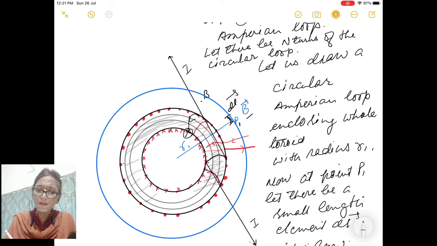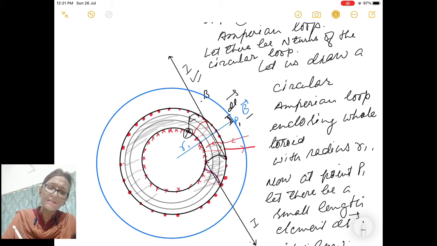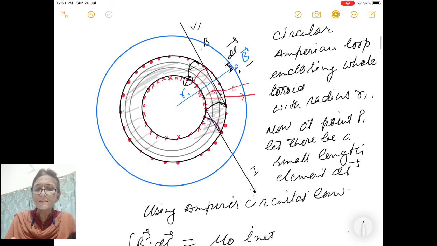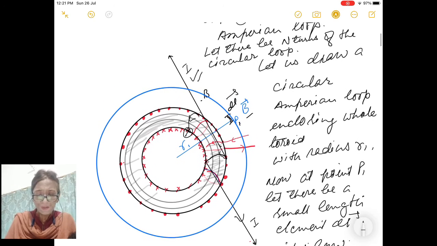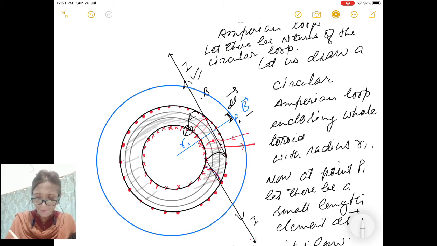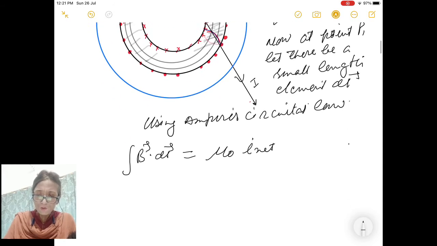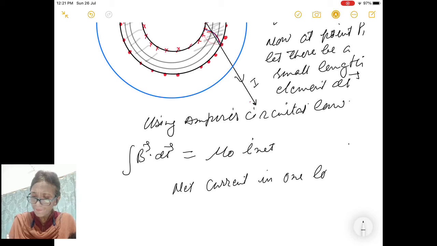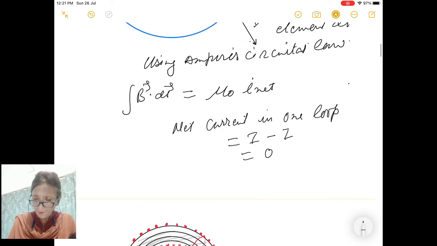So at the top the direction of current can be taken along the outside direction, this direction, and the direction of current at the inner side can be taken in this way. The two currents are opposite to each other. So the net current in one loop is equal to I minus I, and this is equal to 0.